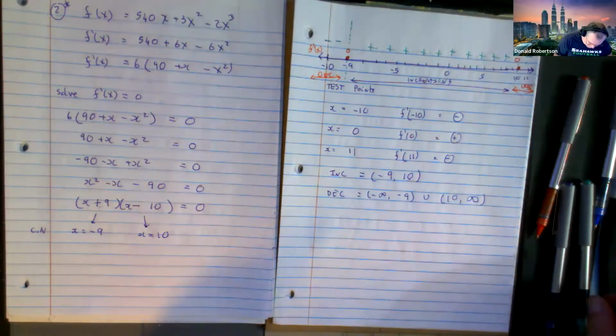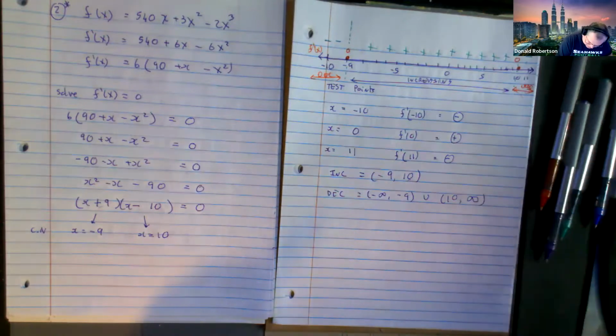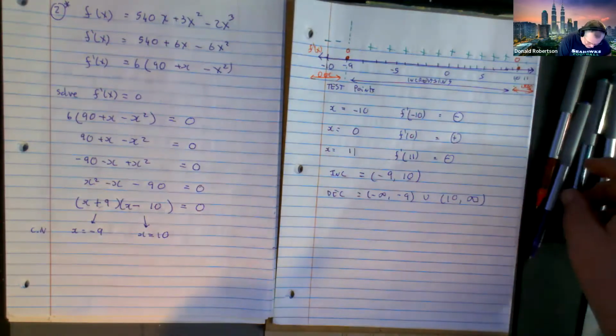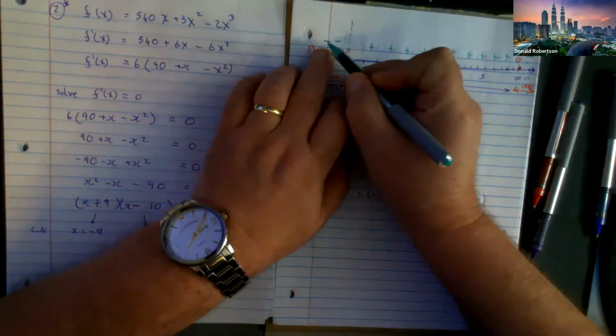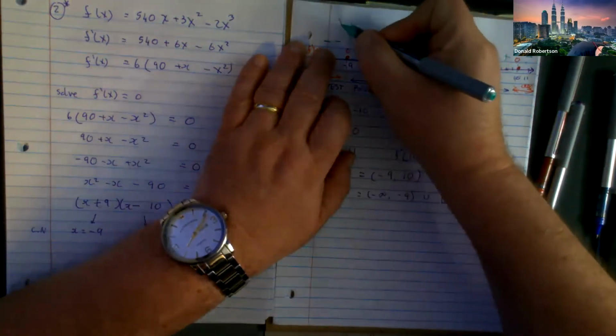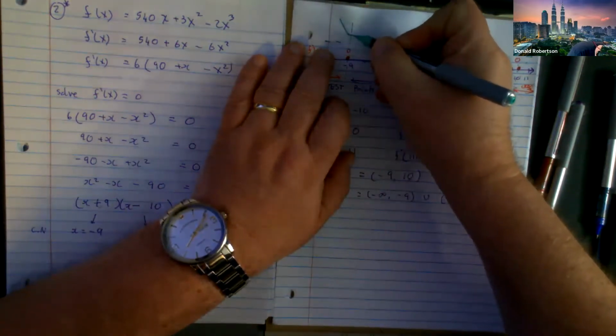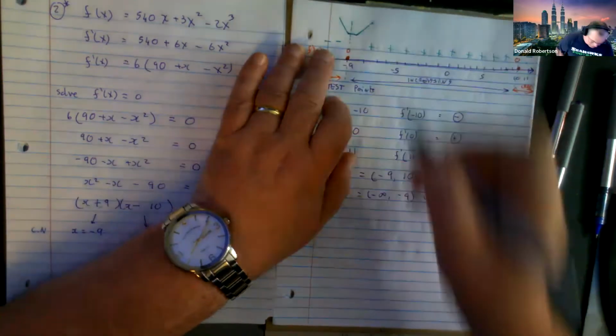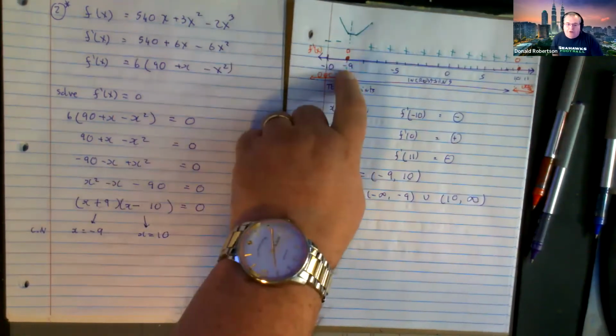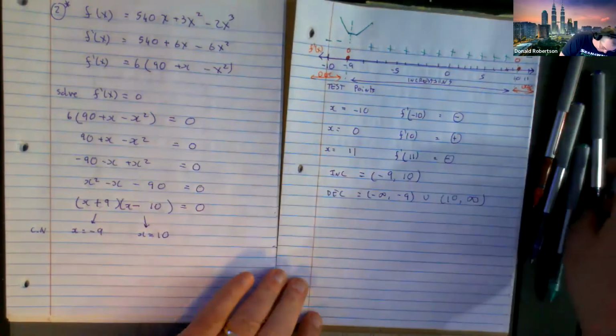Then we're going to do local max and local min. Here the derivative is negative. That means the curve's going down. Then it's 0, and then it's positive. That means we have a local minimum at x equals -9.